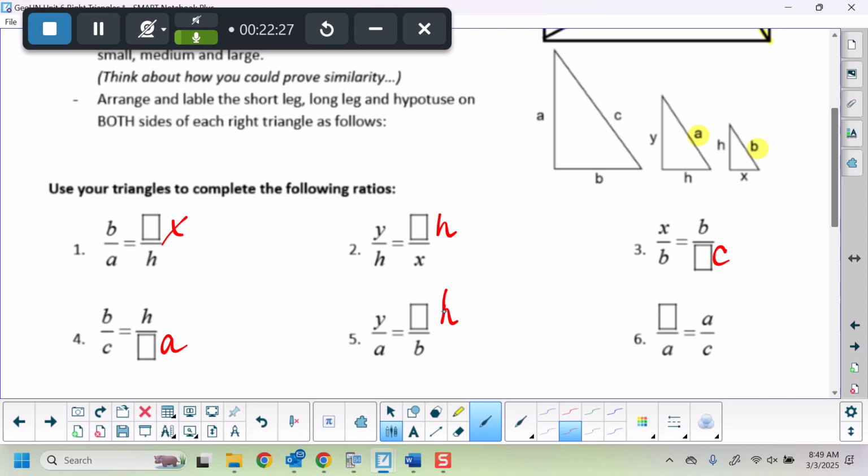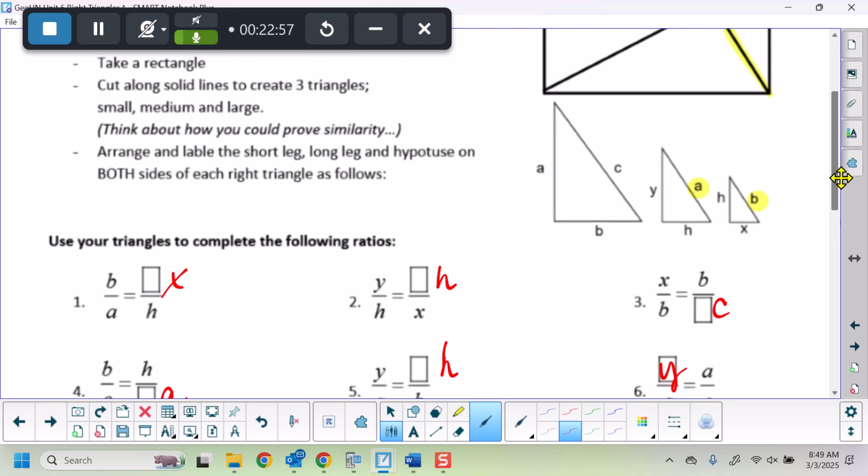Y is to A. Now what I want you to do is put your triangles back into their orientation where you have these two triangles next to each other like this. We're not going to worry about the big triangle right now. I want you to match up your H's with your triangle, because what you've just figured out is a bunch of relationships that exist in right triangles.